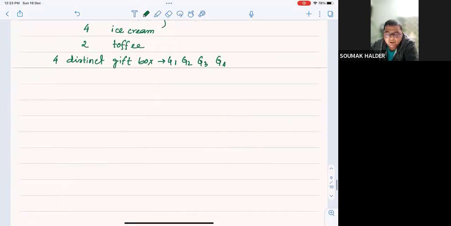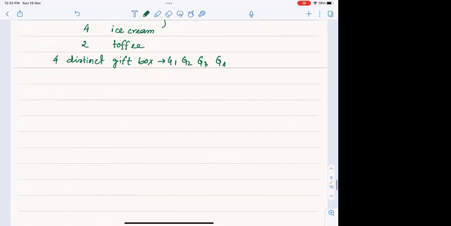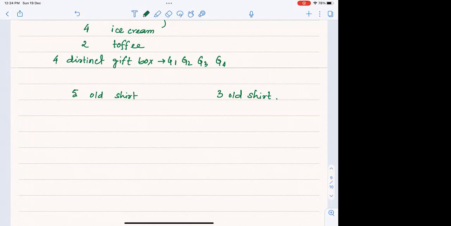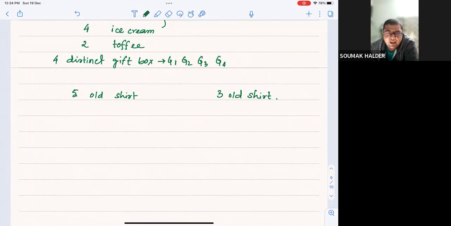Say we have moved to some NGO. You and me. You have 5 old shirts, and I have 3 old shirts. So how many old shirts can we offer to the NGOs? Sir, 8. Every NGO accepts only 1 old shirt from 1 person.